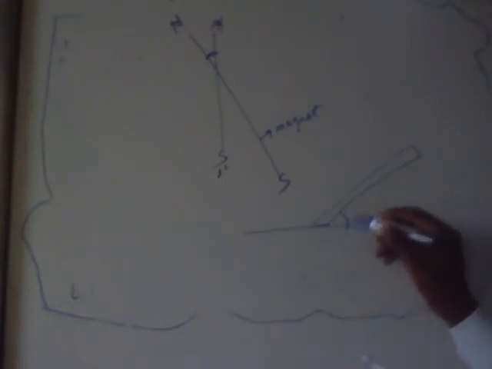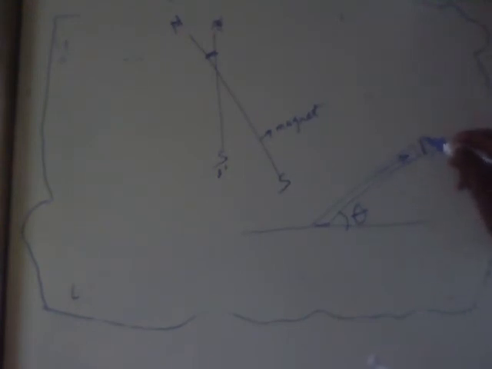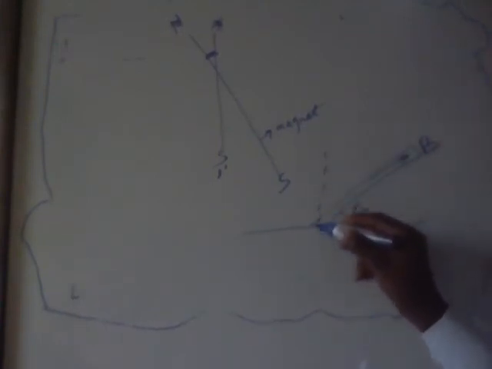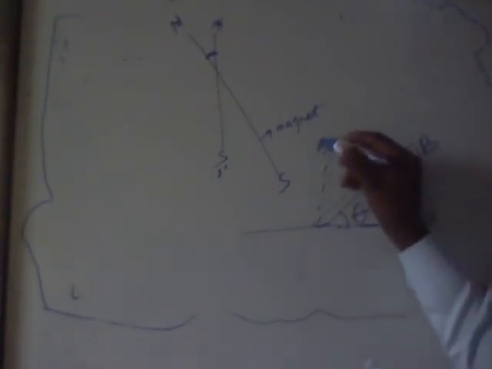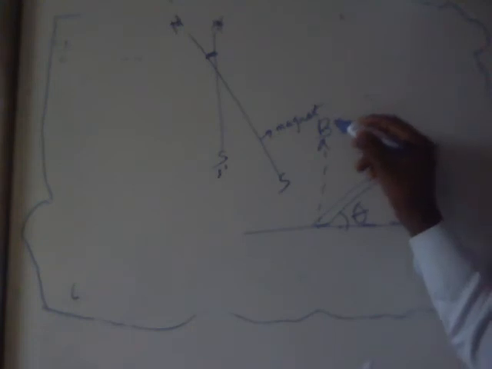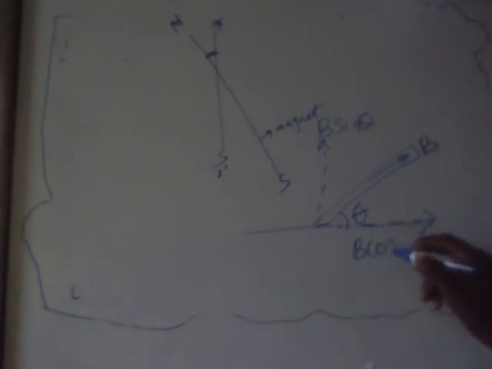This is the angle theta, and the strength of this field is B. B represents magnetic field strength, so it is a vector quantity and you can resolve it. You resolve it vertically, and also horizontally. Vertically it will be B sine theta, and horizontally it will be B cos theta. This is the vertical component and this is the horizontal component, provided the angle is with the horizontal.